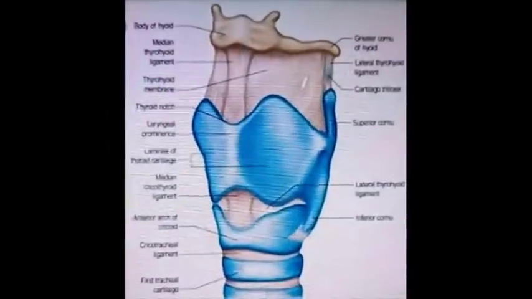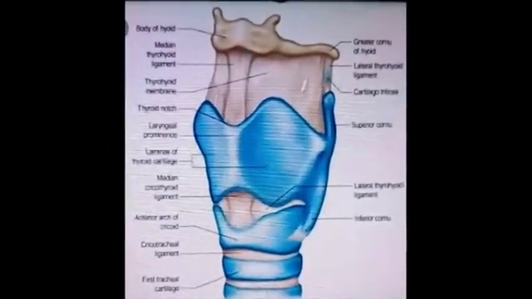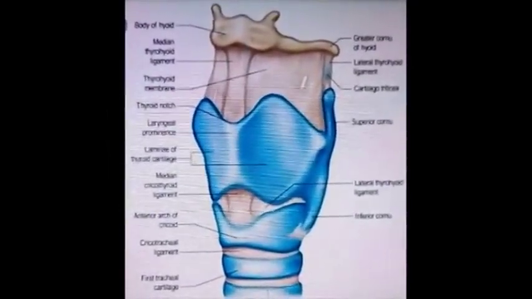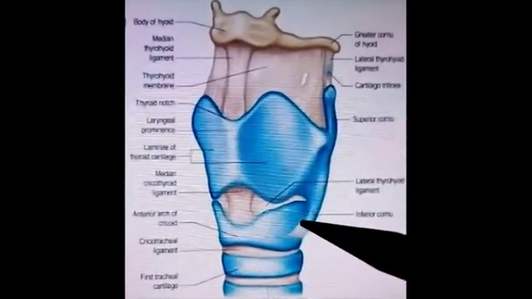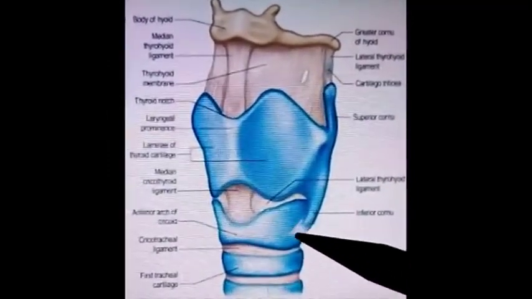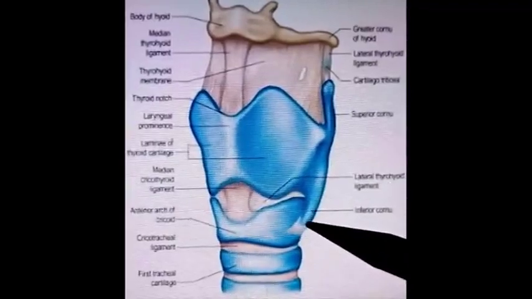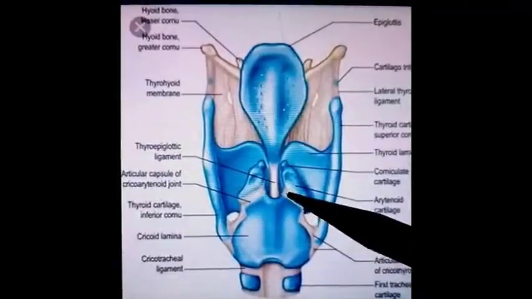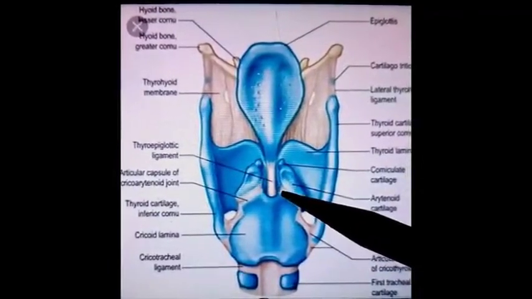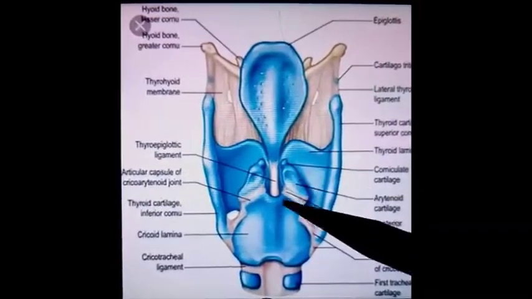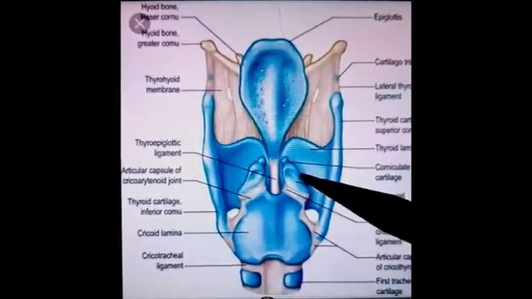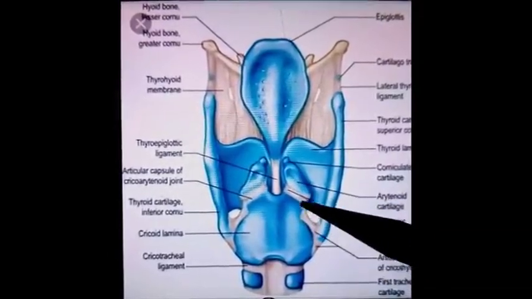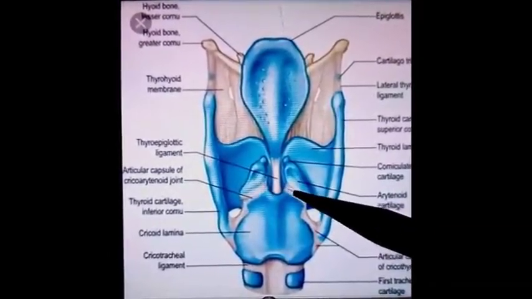Next come the two joints of the larynx. One is the cricothyroid joint, between the cricoid cartilage and the thyroid cartilage, and the second is the cricoarytenoid joint, present between the cricoid cartilage and the arytenoid cartilage.